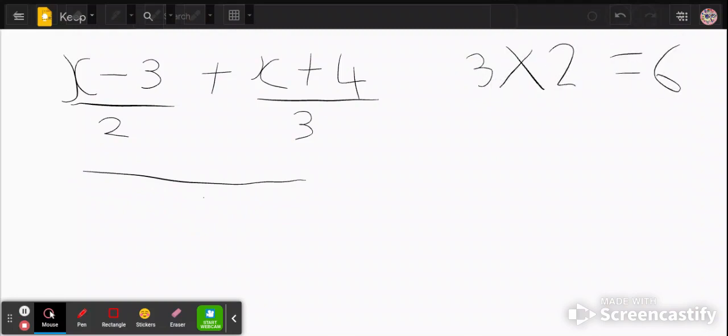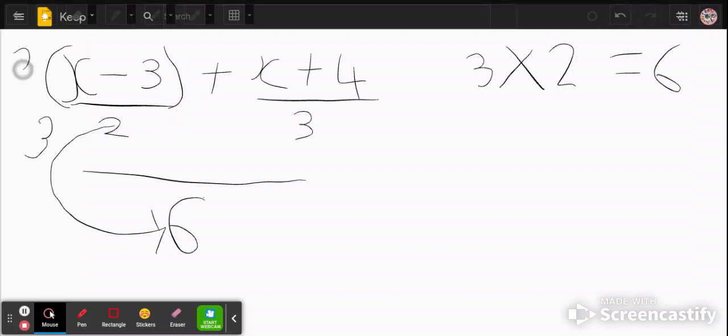And remember, the common denominator must be able to go into 2 and 3 without leaving a remainder, and 6 is perfect, right? So now we'd focus on the fraction on the left-hand side and first see how many times the denominator of 2 can go into the common denominator of 6. And that's 3 times.